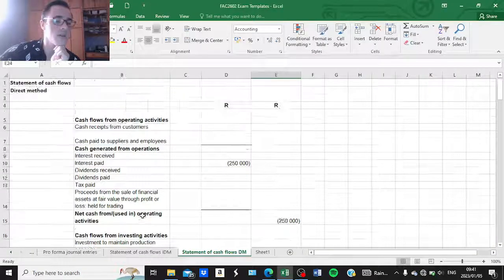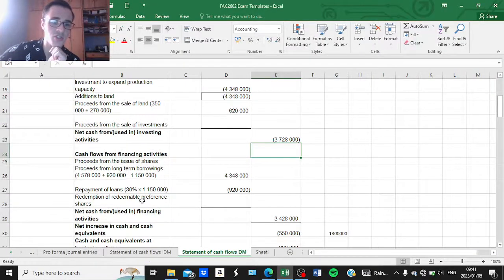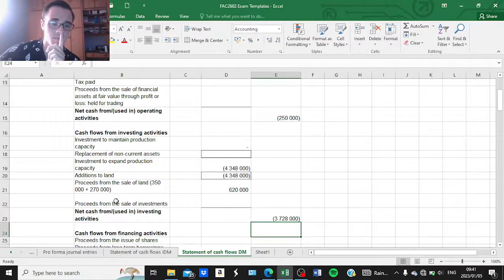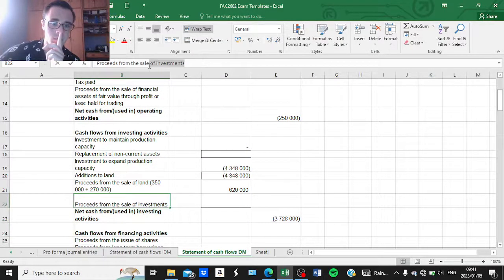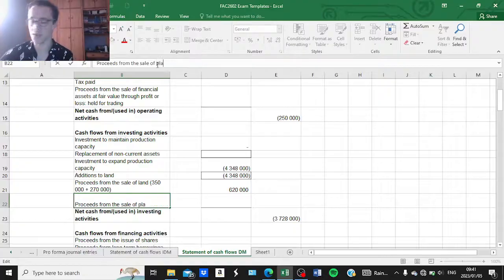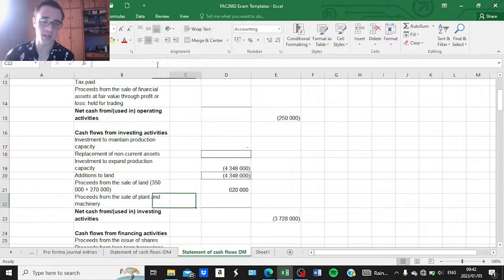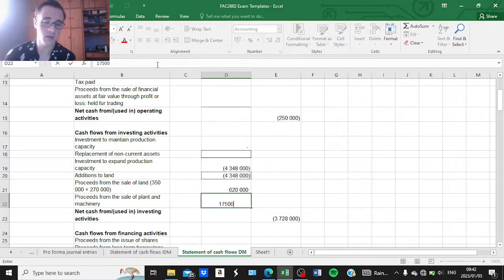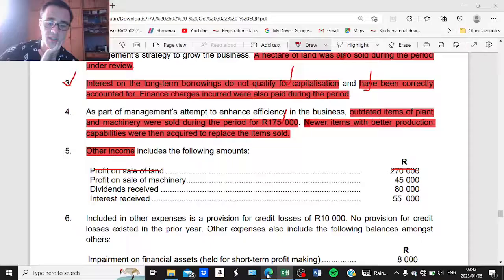Keep that in mind when we draft the general ledger account. So in your investing activity section, you need to show that there were proceeds from the sale of plant and machinery that amounted to 175,000. This amount has been given in additional information point 4. That is the value of the proceeds on sale of plant and machinery.